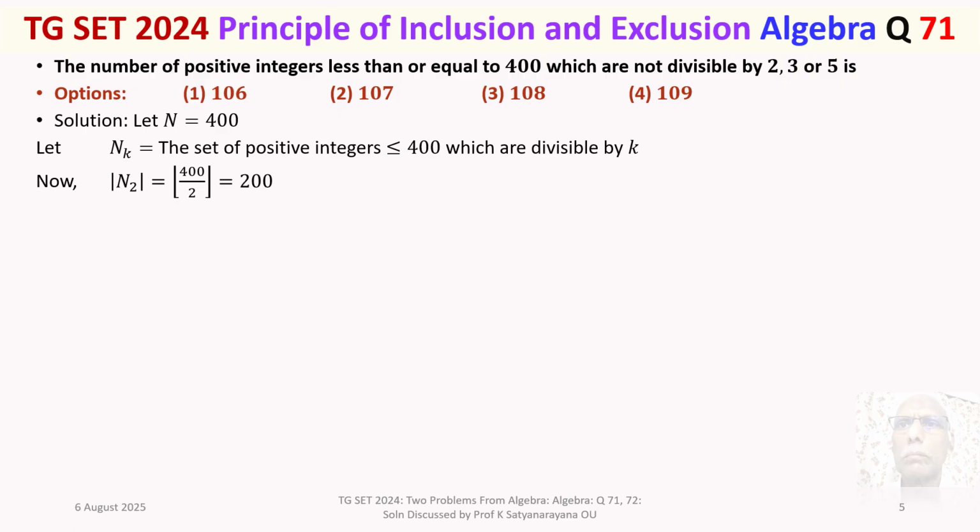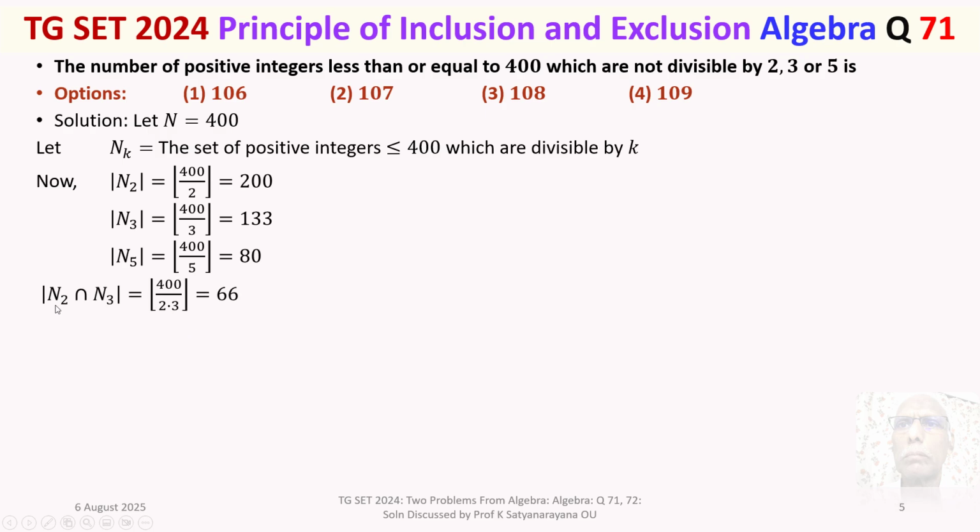The number of elements present in N3 is the floor function of 400 by 3. It is 133, the greatest integer less than or equal to 400 by 3. The number of elements present in N5 is the floor function of 400 by 5, that is 80.